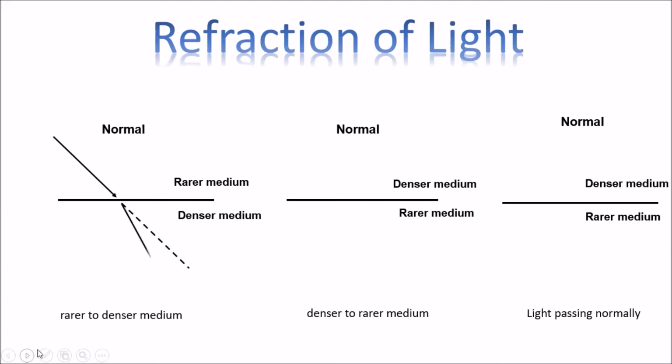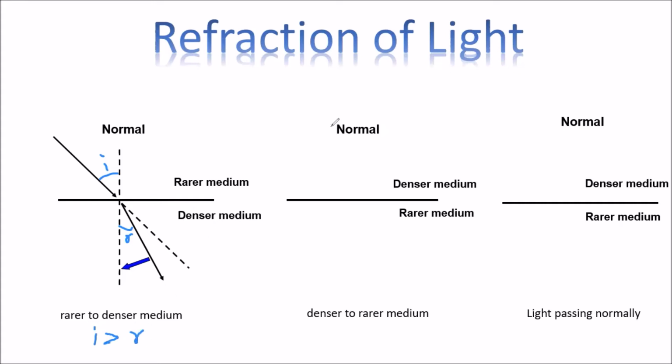When light goes from rarer medium to denser medium, it bends towards the normal. If you observe, this is the angle of incidence and this is the angle of refraction. So in this case, the angle of incidence is greater than the angle of refraction.